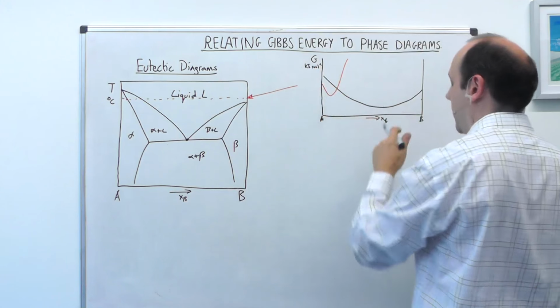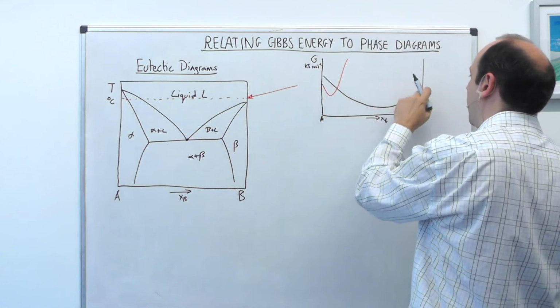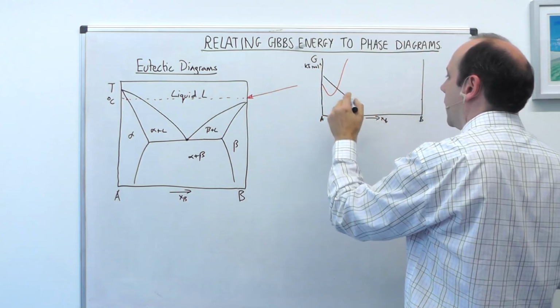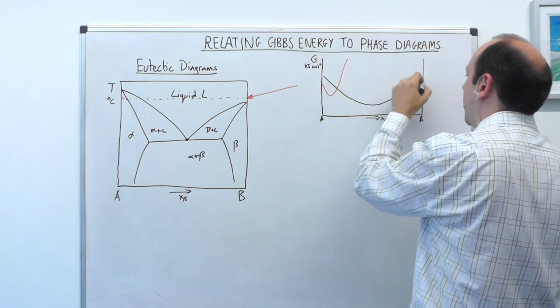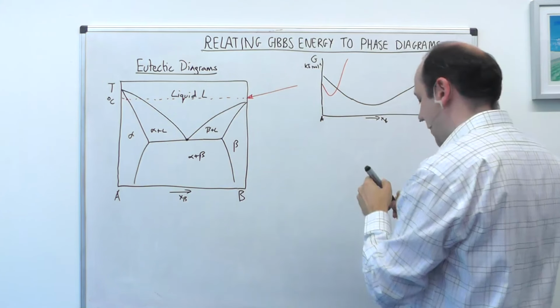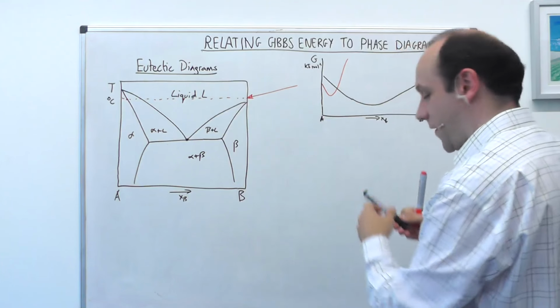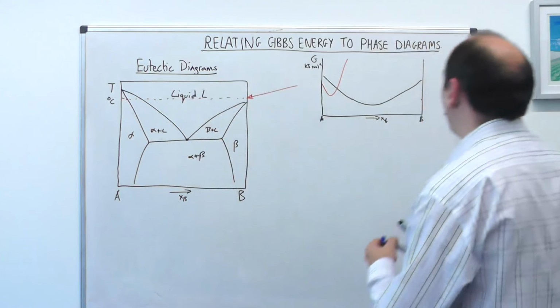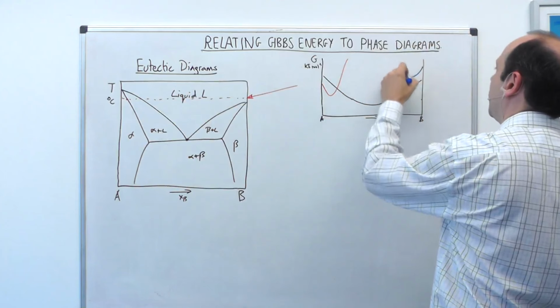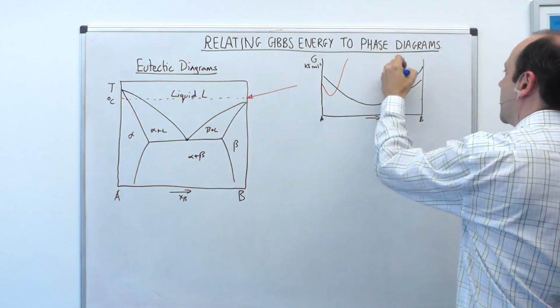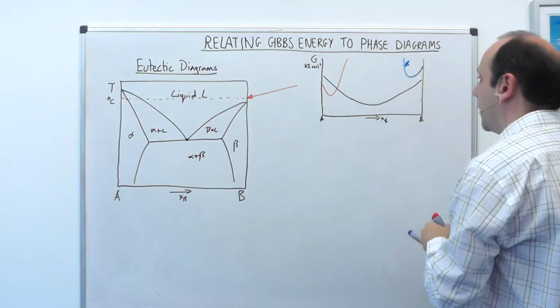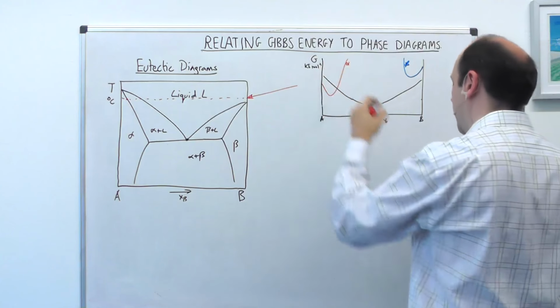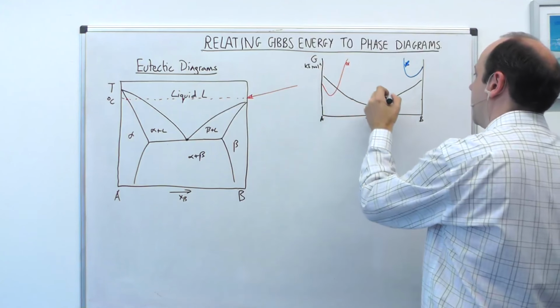Well, probably a bit more like this, say. And then we'll have a beta phase. Let's have a third color for the beta phase, and that'll never be the lowest energy phase, so it must be somewhere like that. So that's our beta phase, that's our alpha phase, and that's our liquid phase.